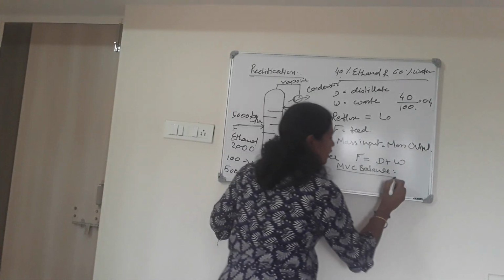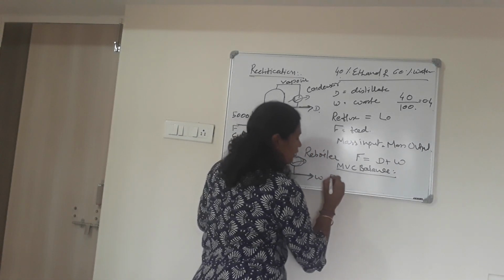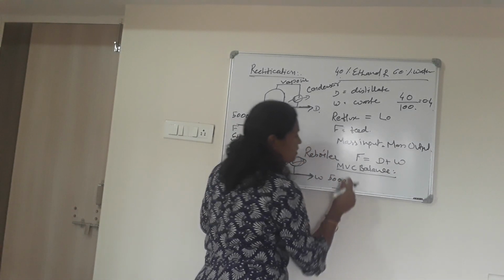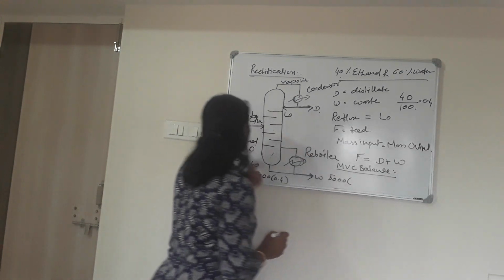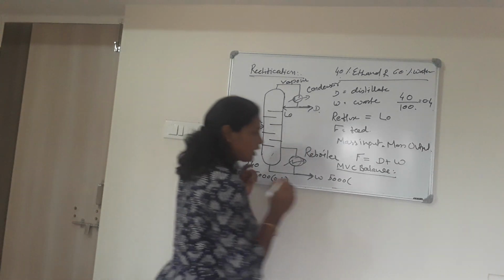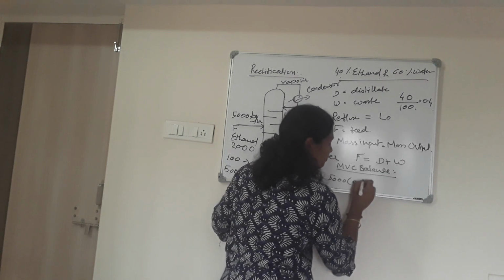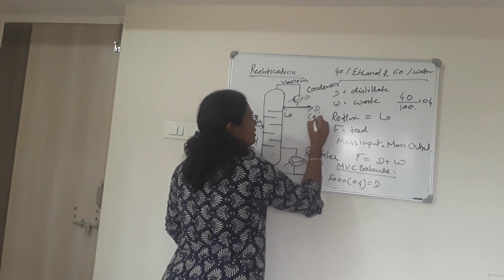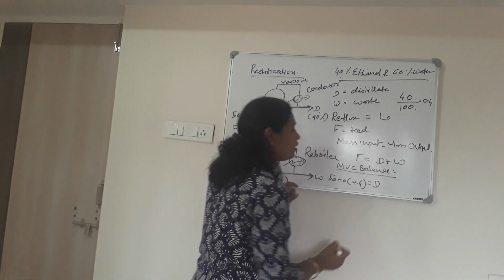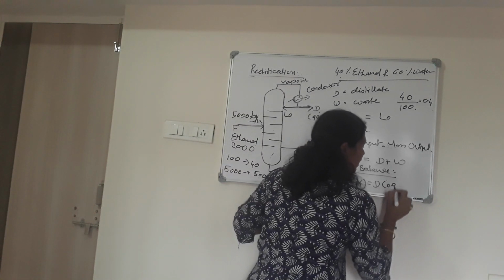So here we have to take this balance. What you have to write is: 5000 is the amount of feed, in that the fraction of ethanol is 0.4. In the distillate, suppose it is 90%. What will be the fraction now? It will be 0.9.